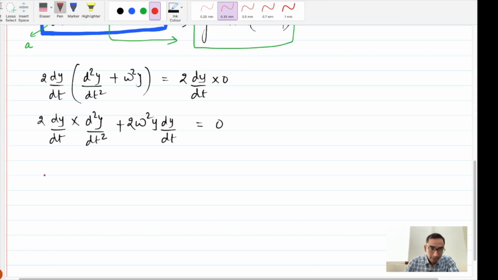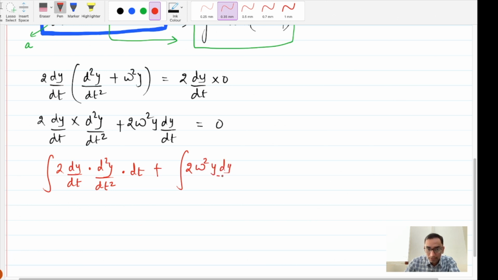Now, let us integrate both sides with respect to t. So, this becomes the integration of 2 dy by dt times d2y by dt2 with respect to time, plus the integration of 2 omega square y dy by dt. Now, this whole term is being integrated with respect to t.